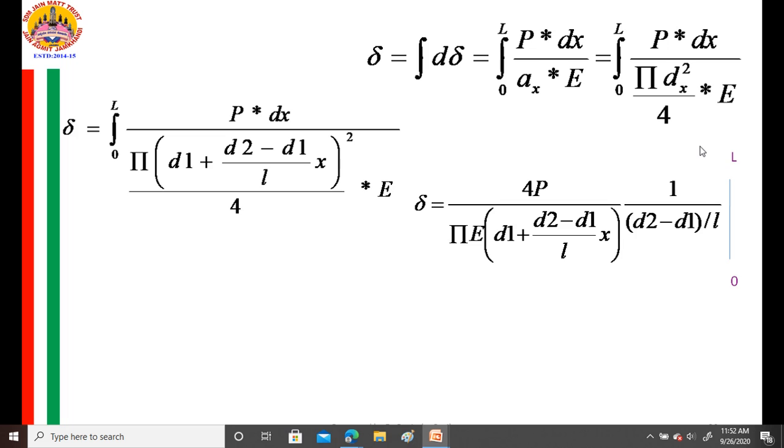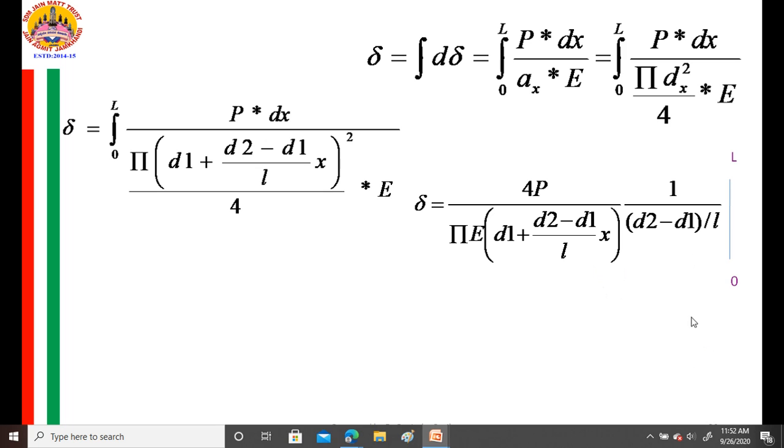If you substitute L here, what happens? d1 and d1 will cancel out, 1 divided by d2 is left. If you substitute 0, this whole thing will cancel out, 1 divided by d1 is left. Therefore, after substituting, left out is 4P divided by πE, 1 divided by d2 minus 1 divided by d1.